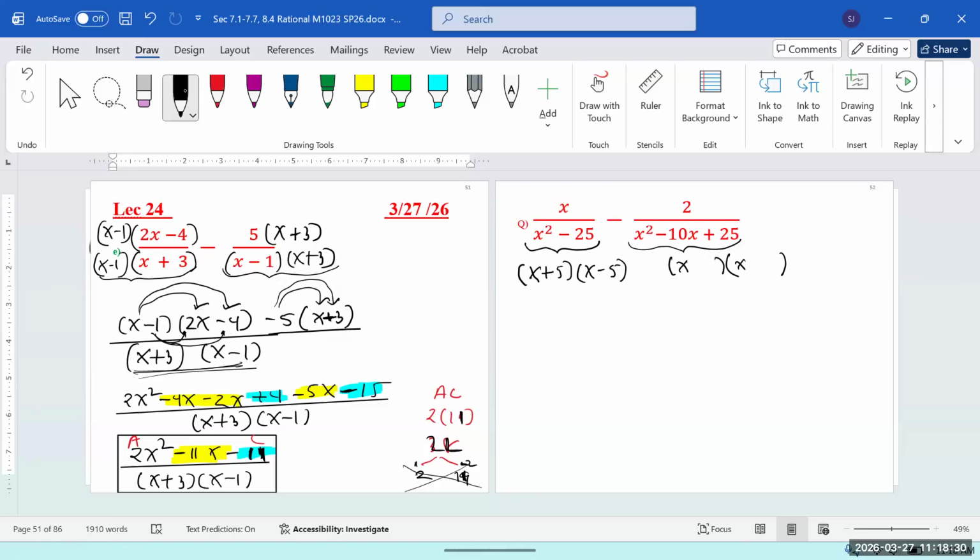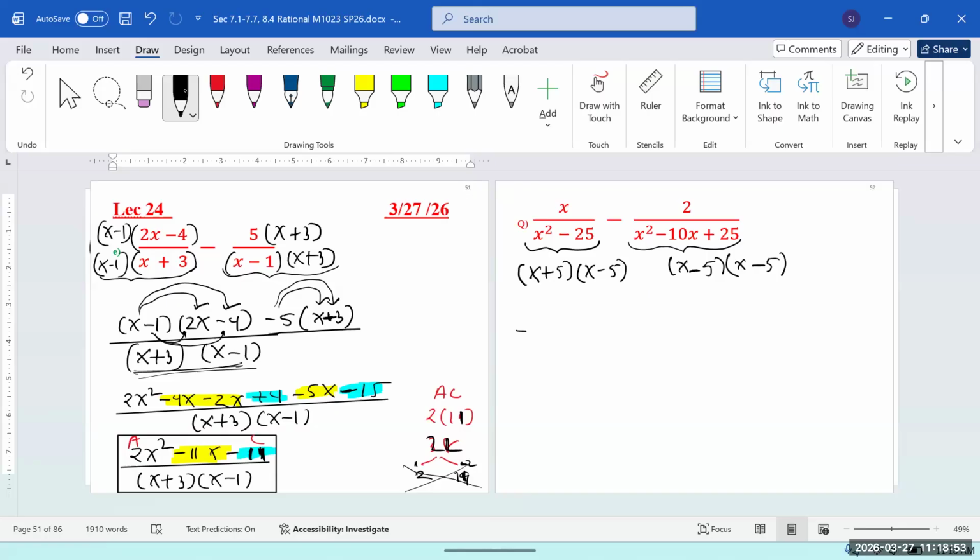And 5, 5. 125 and 5, 5. So which of these is going to give you 10? Both of them will be negative. Negative 5 times negative 5 is positive 25. And when you add negative 5 and negative 5, we get negative 10.